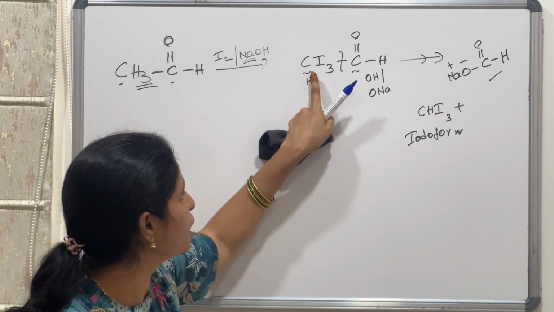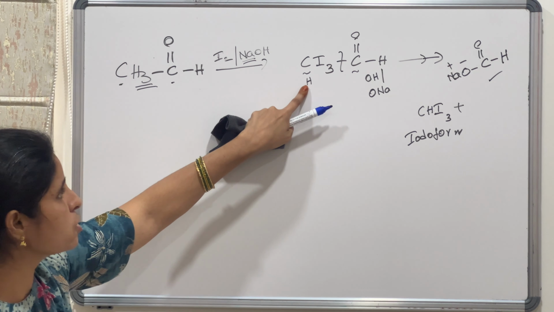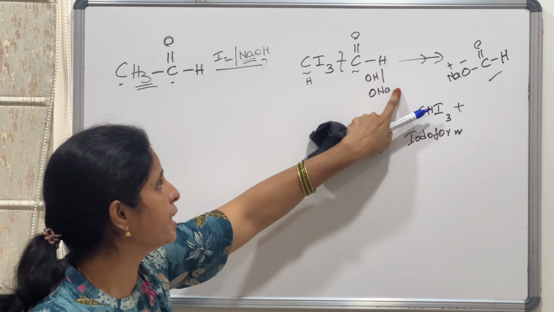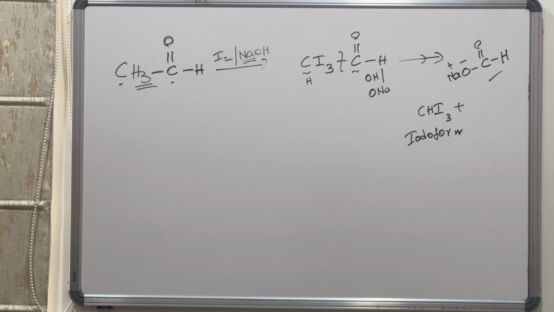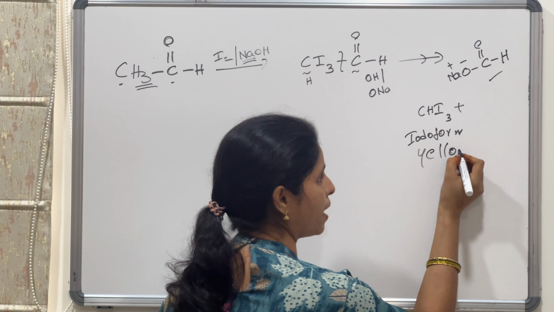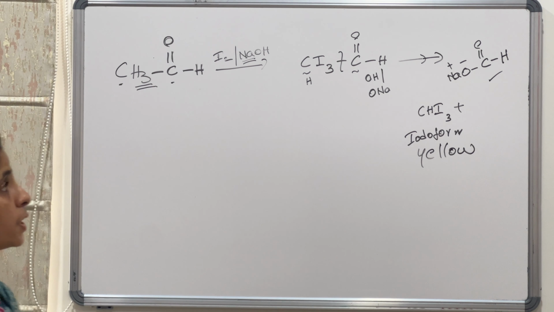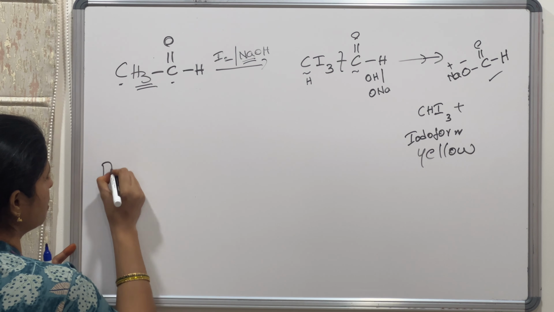After that you break the carbon-carbon bond, hydrogen to this side and ONa or OH to this side. You will get a sodium salt of a carboxylic acid and a yellow color precipitate, which is nothing but iodoform. Now try to write the product for this one.